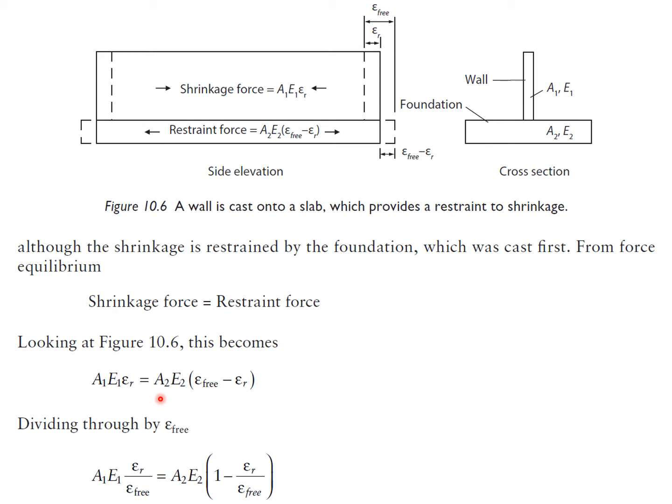And that will be equal to the restraint force, which is the area of the bottom half of the slab, multiplied by E for the bottom half, and now by the movement of the bottom half, which will be the free shrinkage strain minus the restrained shrinkage strain. So dividing through by epsilon free, we have this expression.